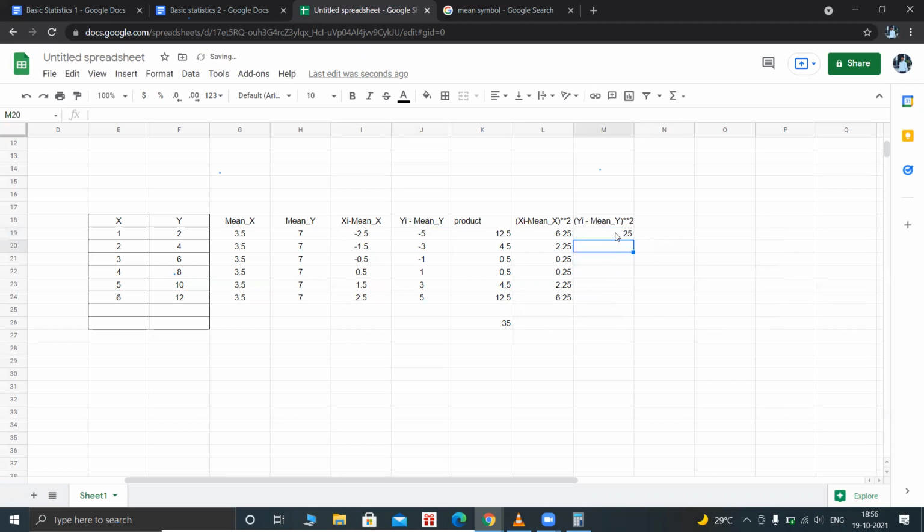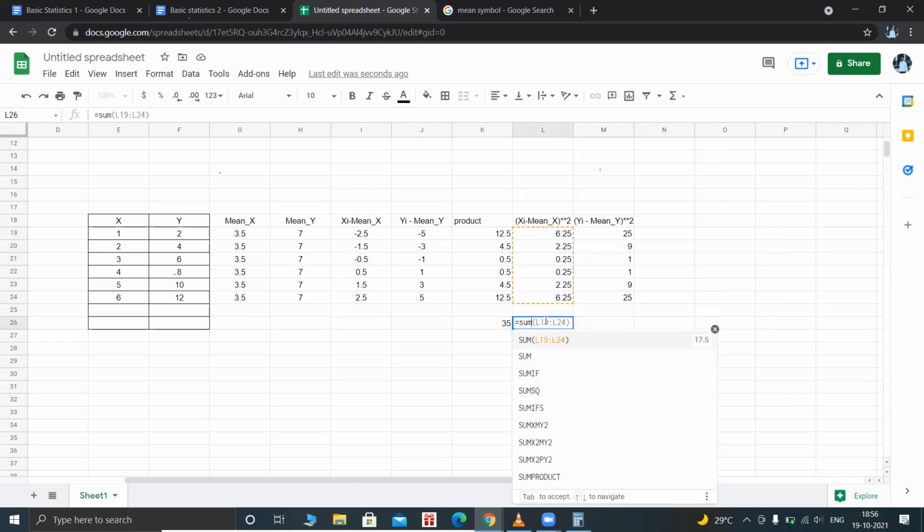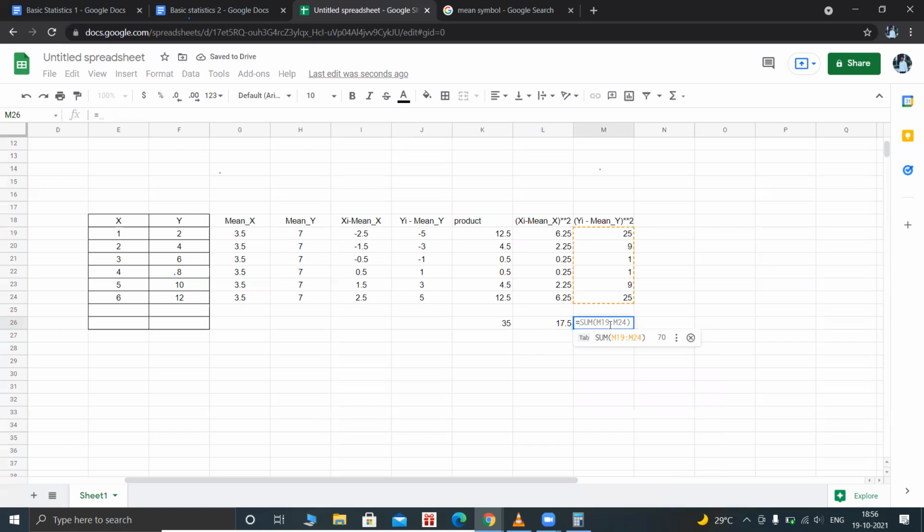Enter. I got 25, and let me do it for all, right? So it is this one, and the entire summation is equal to sum of, yeah, I got 7.5, and here is equal to sum of, I got 70.